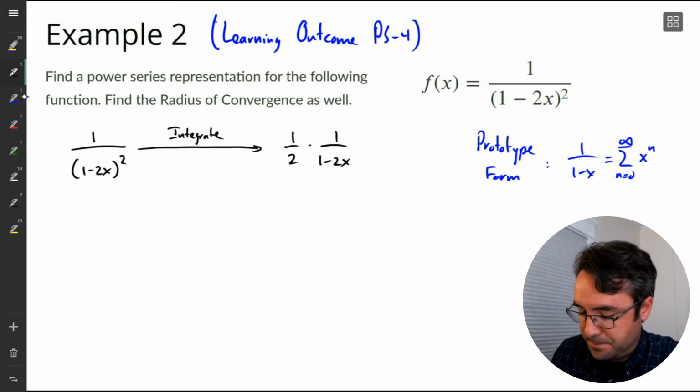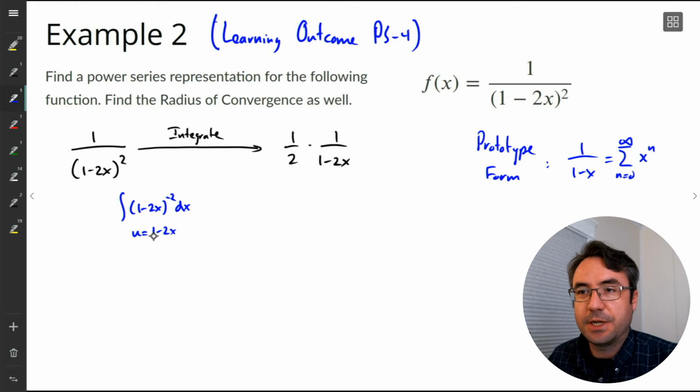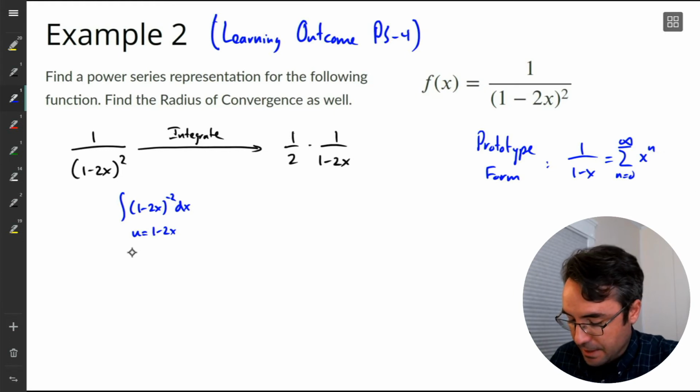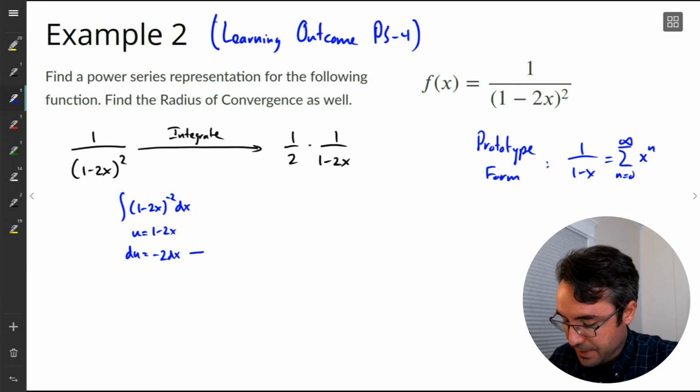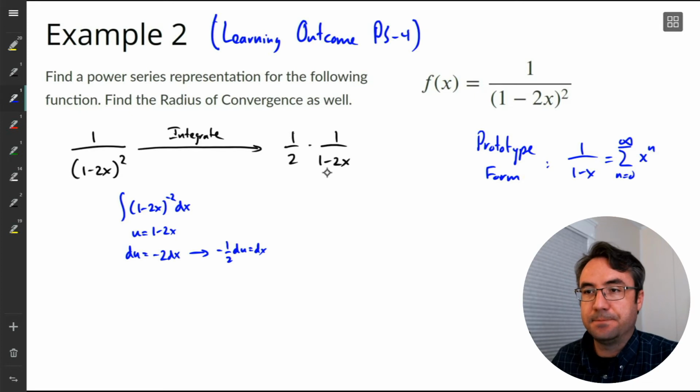Let's check that. We could check that with a u substitution, and du would be negative 2 dx. So that means negative 1/2 du is equal to dx. And yeah, that looks good.